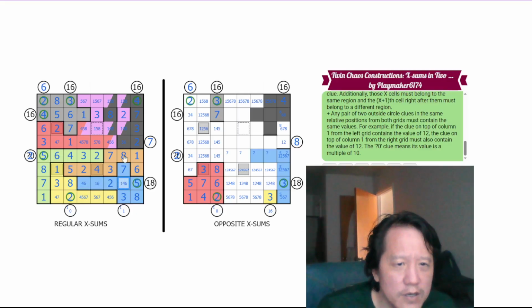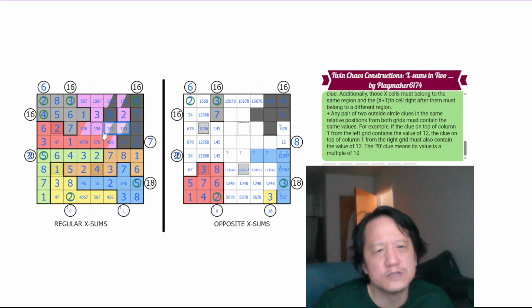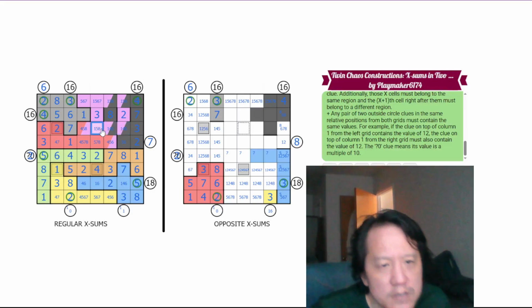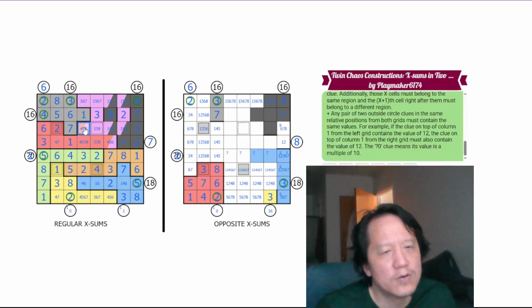What else do we have? 5 and 6. If these are both pink, it's 1, 5 as a pair. That's interesting. That would force that to be 8, and we'd have 4 there.